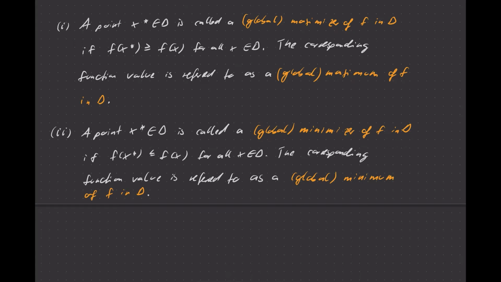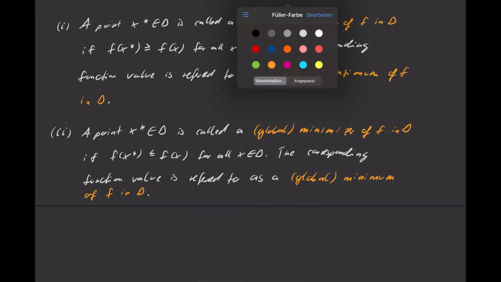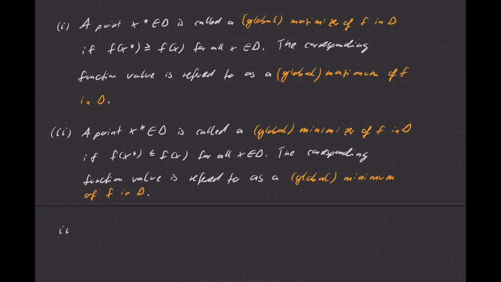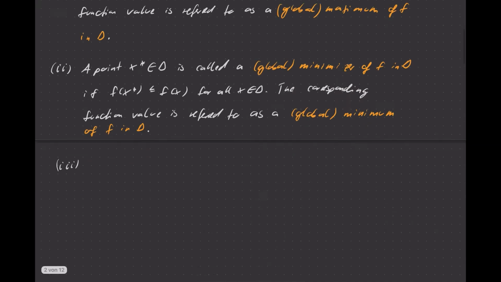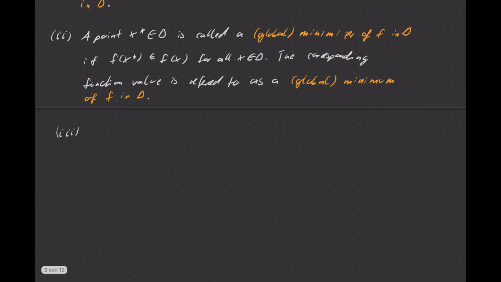And finally, let's add one more notion to this definition. Point 3. We call a function bounded if there is a finite constant such that the absolute value of the function values never exceeds that constant. And we call it bounded below and bounded above if there is a constant that bounds the function values below and/or above. So this is the last point here.